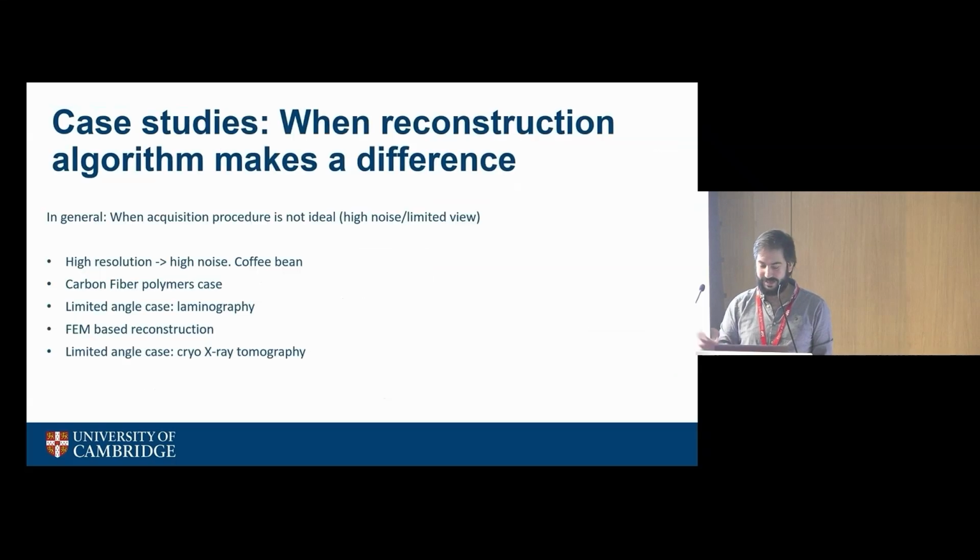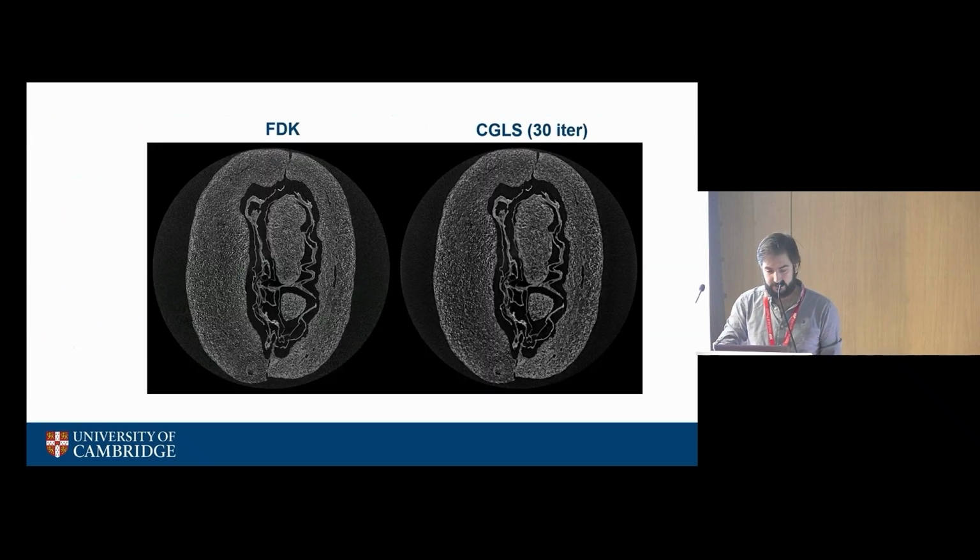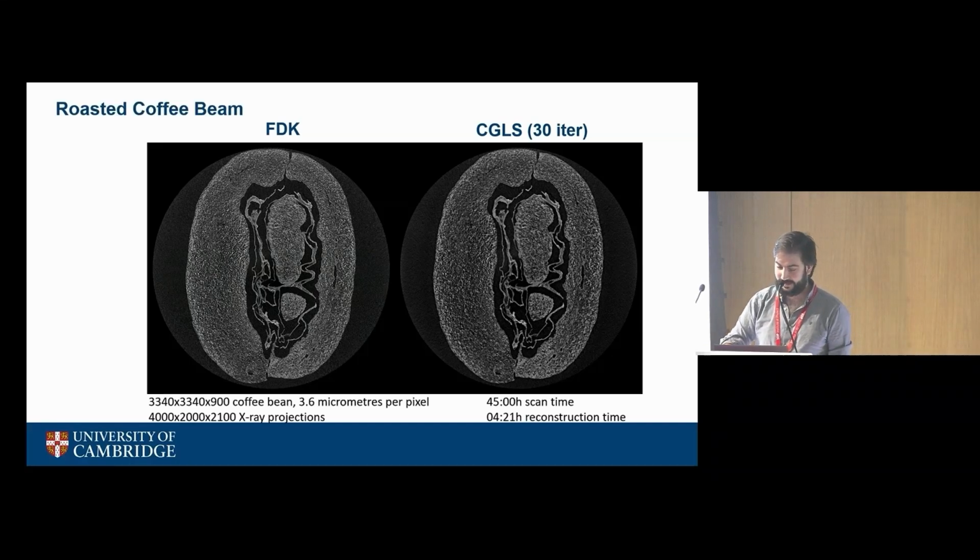So now let me show you actual examples where iterative algorithms made a difference. I maybe don't have time to show all of them, but let's start with this very nice image, a coffee bean that we scanned in Southampton. It's a fairly big image, a 3,000 by 1,000 volume.